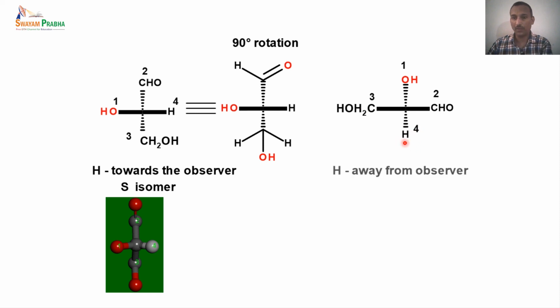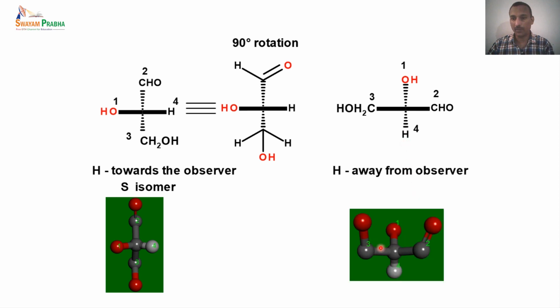And if we look at the molecule in the 3-dimensional way, it is shown as here. Let us go to the 3-dimensional view for this molecule and see how it is actually represented. So this is the exact assignment. 1 is here, 2 on the right, 3 on the left, 4 at the bottom.